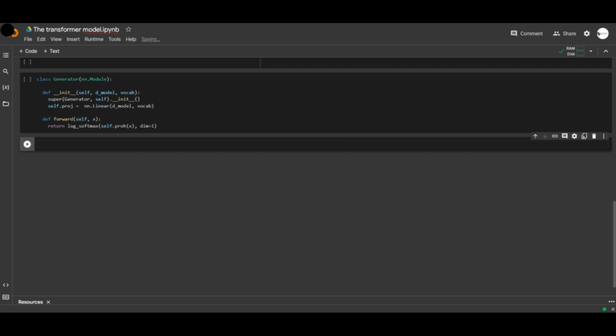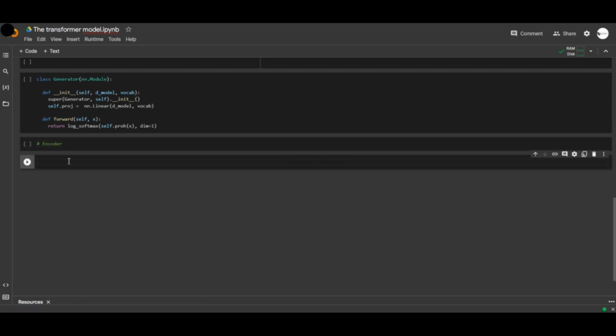Now let's look into the encoder portion and all its sub layers. Let me do this, because there's more code that has to go inside here, so I think it's better if I comment it out. We're going to have def clones. The encoder, as I mentioned in the diagrams, consists of N stacked layers, and N is 6 in the paper.